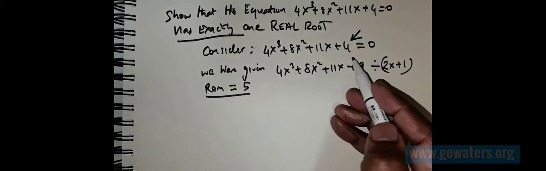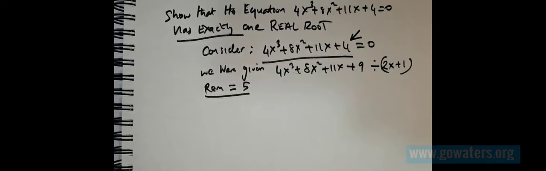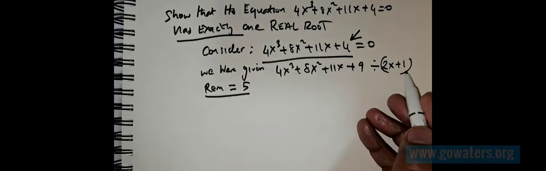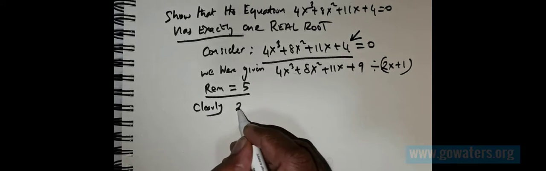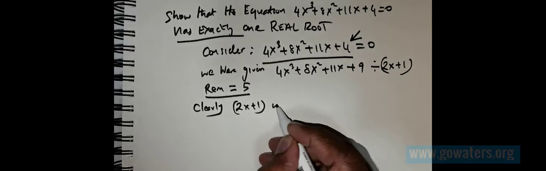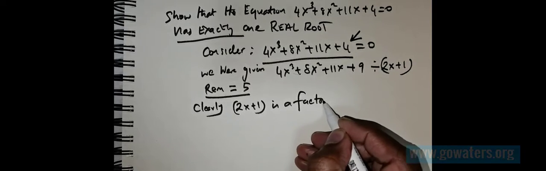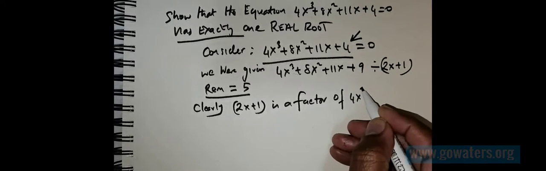But in this question, the constant is 4. So clearly 2x + 1 will be a factor. You can write that by the following statement. Clearly 2x + 1 is a factor of 4x cubed + 8x squared + 11x + 4.